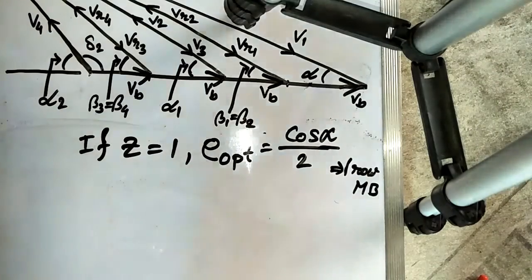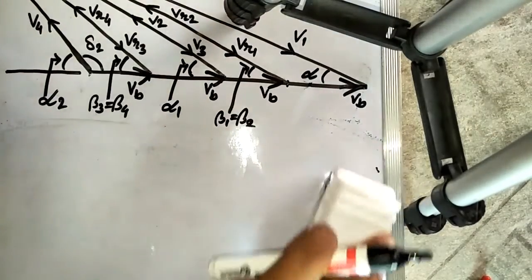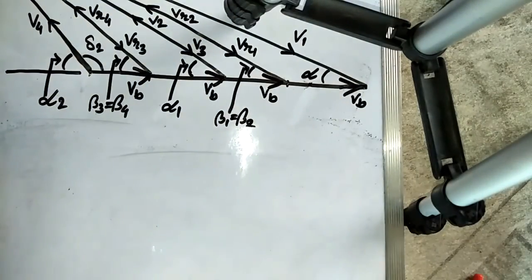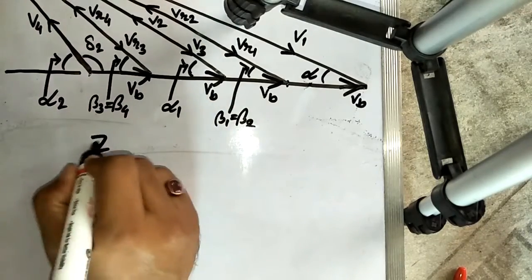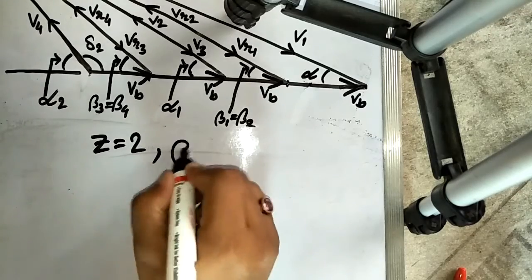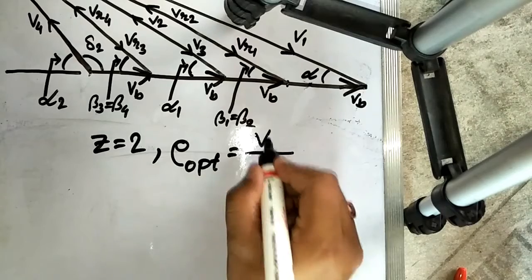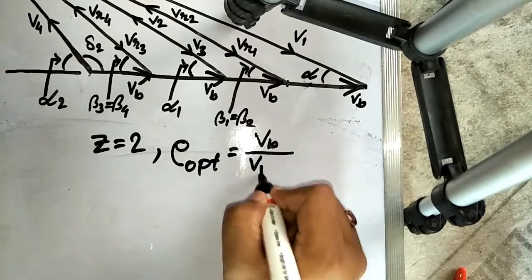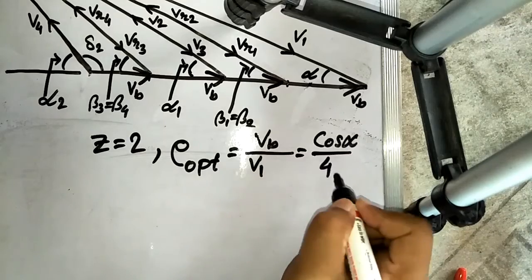So we are discussing this situation for 2 row moving blades. Take the value of z equal to 2. So the velocity ratio Vb by V1 is equals to cos alpha by 4.